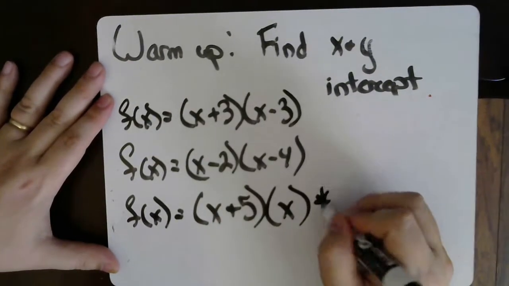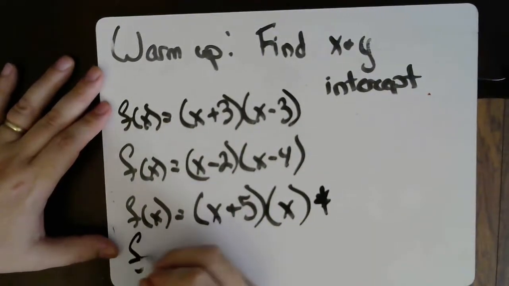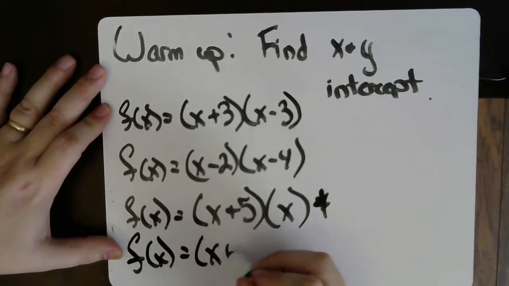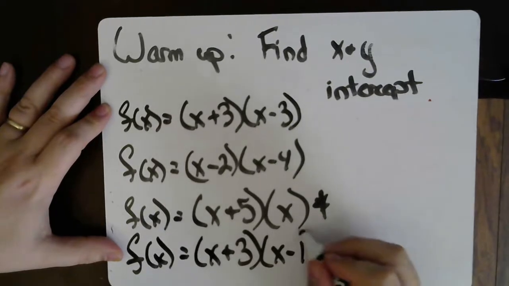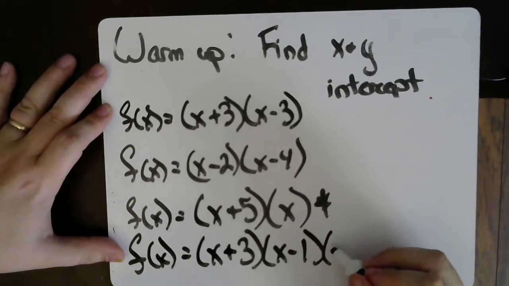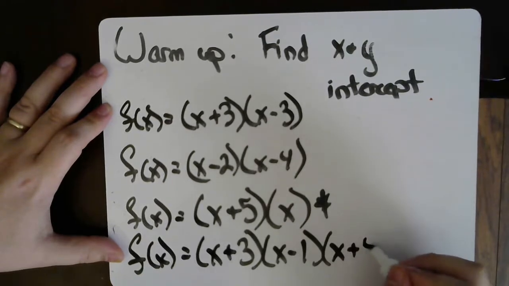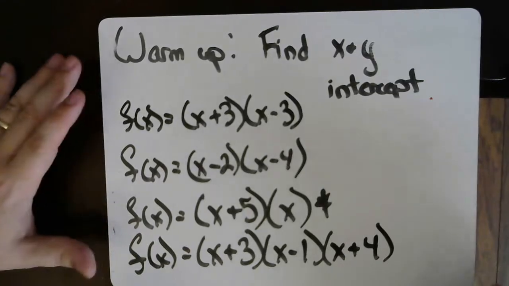This one might throw you for a doozy because we really haven't talked about it. There's just an x right there. Let's try one more. And then let's see if you can figure out what we do when I have 3 of these instead of just 2. Okay. You all give that a shot. See how your teacher likes it.